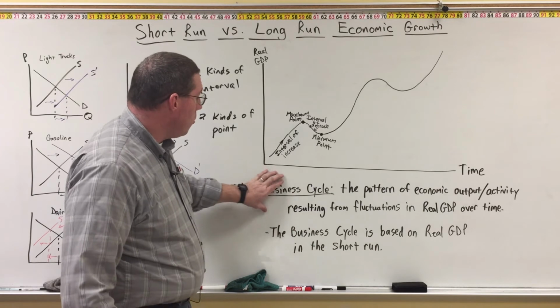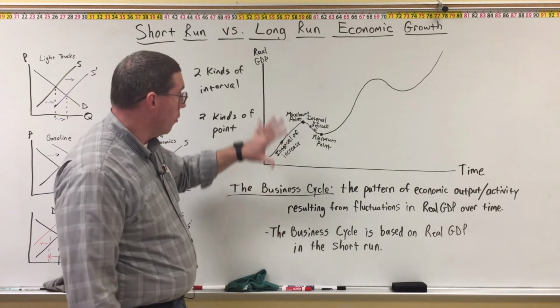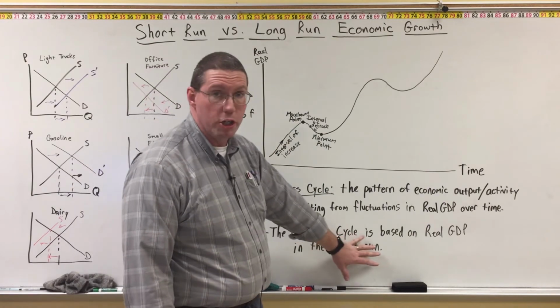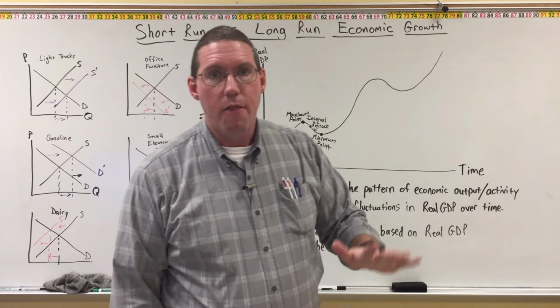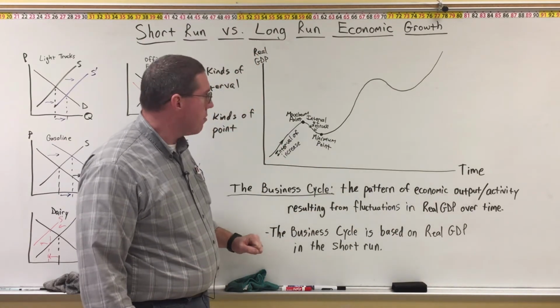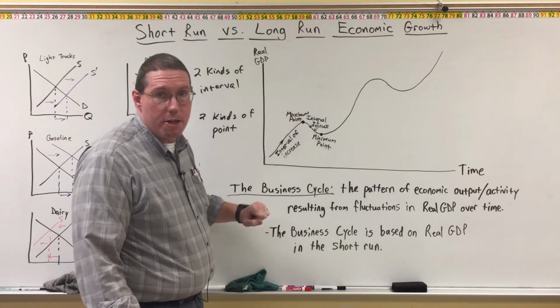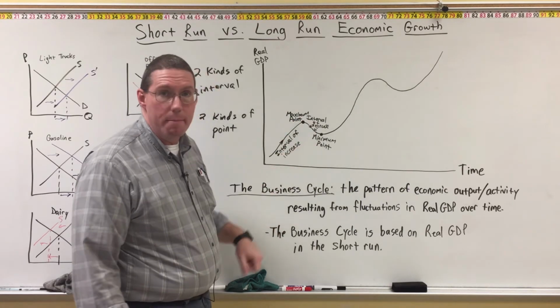So when we are experiencing the business cycle in the short run, represented by short run real GDP, we can at any time say that we are either in the middle of an interval of increase, or at a maximum point, or in the middle of an interval of decrease, or at a minimum point.